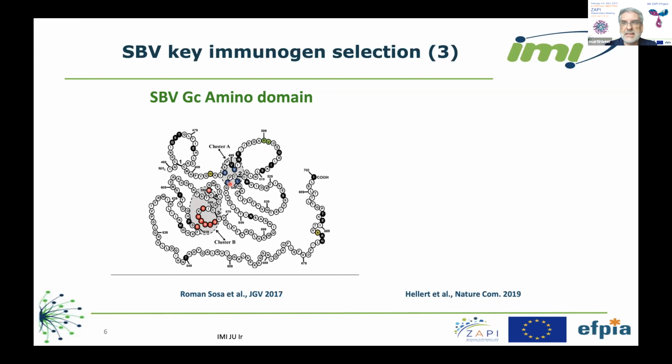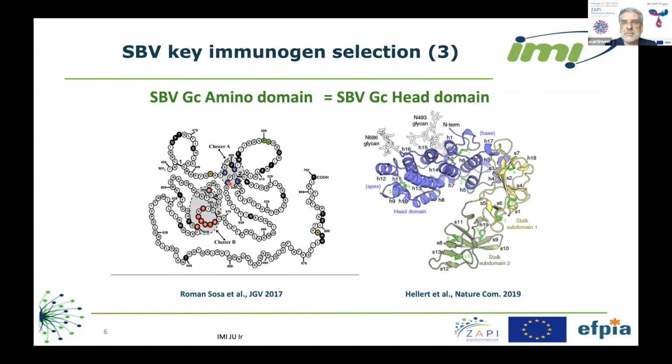And in the project, and I think this is a really high-level achievement, the group of Felix Rey at Pasteur and Jan Hellert, who was the person doing this experiment, succeeded in solving the crystal structure of this domain. The Gc amino domain is now called the Gc head domain. This head domain is the most immunogenic part, and there are 2 stalk stub domains building 1 stalk domain.